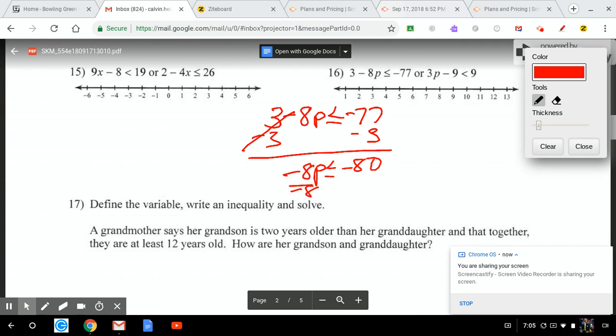I'm going to divide by negative 8 on both sides. And this, we got to flip this sign. Okay. So I'm going to end up with p is greater than or equal to 10. Okay.